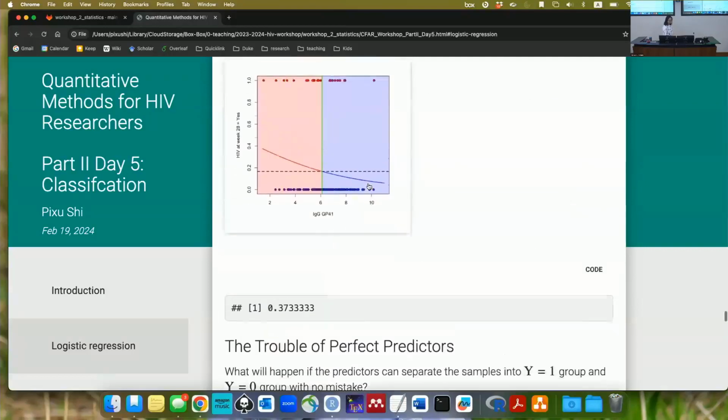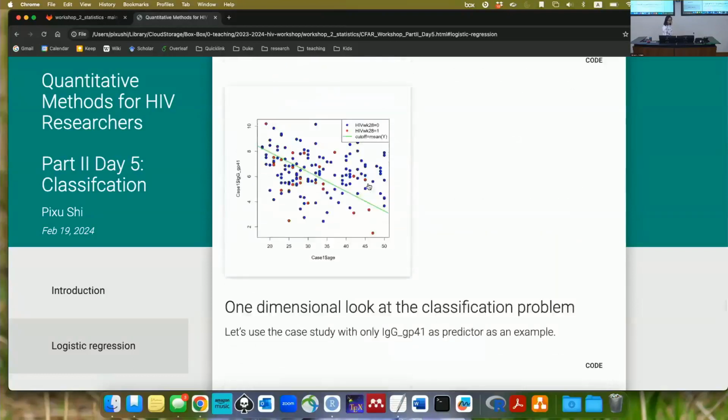But in this case, where you have severely unbalanced categories, you have a lot more of the uninfected than infected. Is it still useful to do this prediction? This specific data set has very, very weak signal.